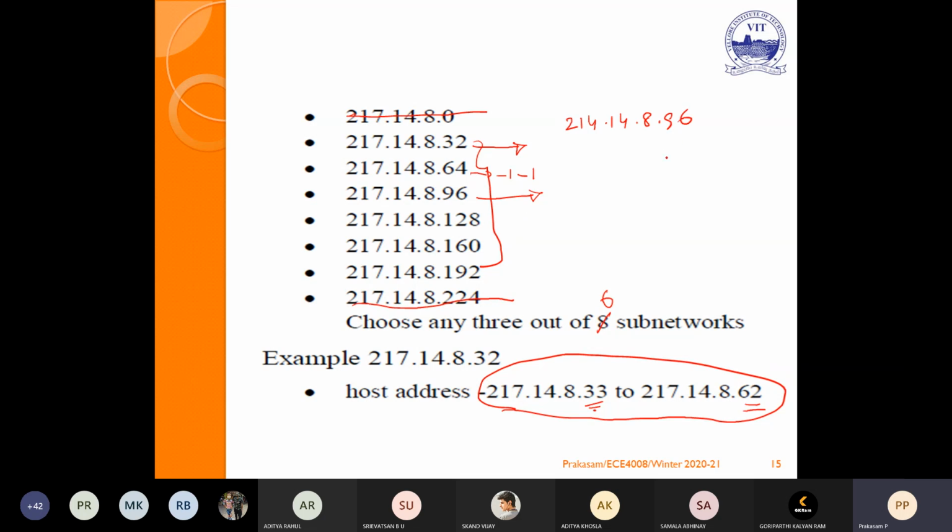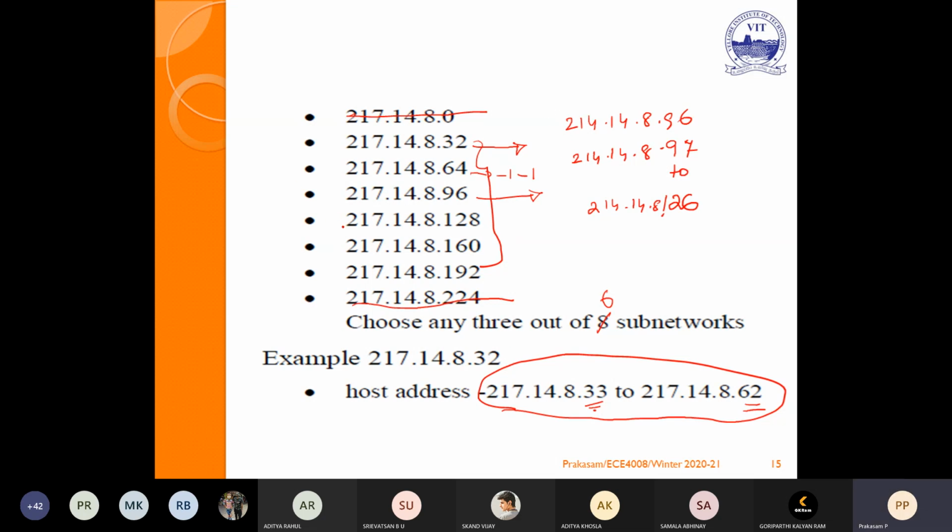So the first host ID starts from 97 to 128 minus 2, so 126. So the host addresses will vary from 217.14.8.97 to 217.14.8.126. This is for the second subnet.